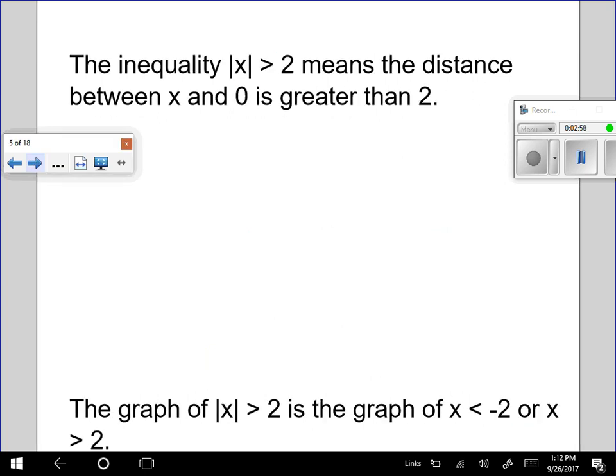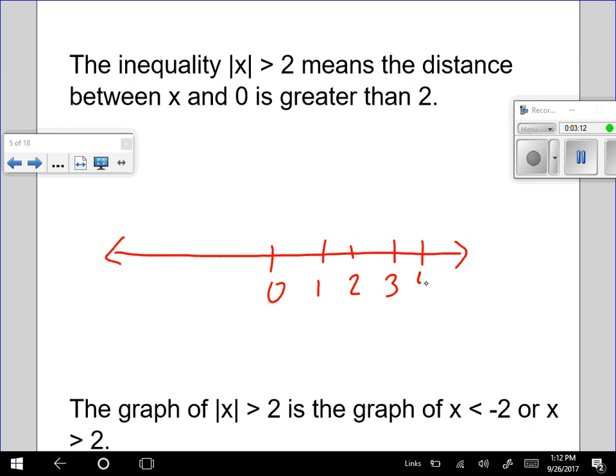If we have an inequality that has an absolute value that's greater than 2, it means the distance between x and 0 is greater than 2. Okay, so let's look at that on a graph. So again, it's not including 2. But now we're looking for numbers that are greater than 2.